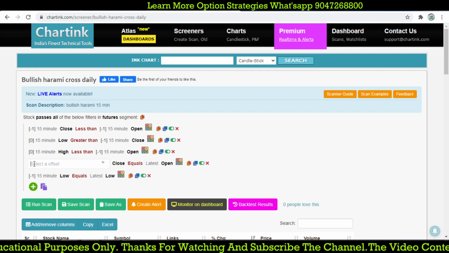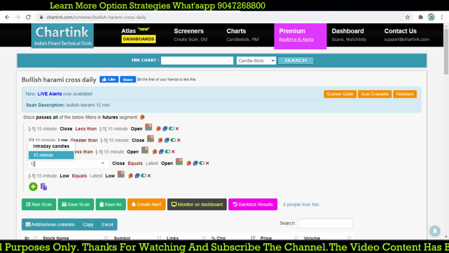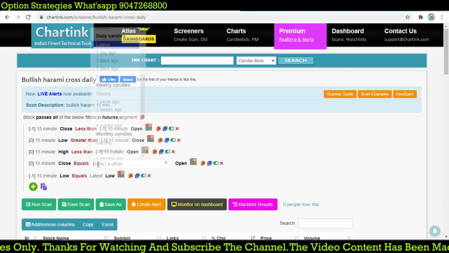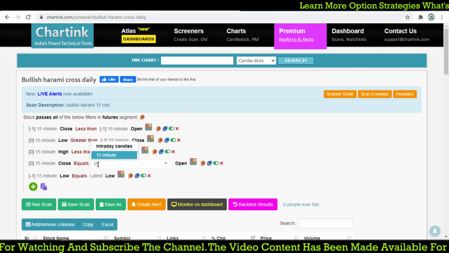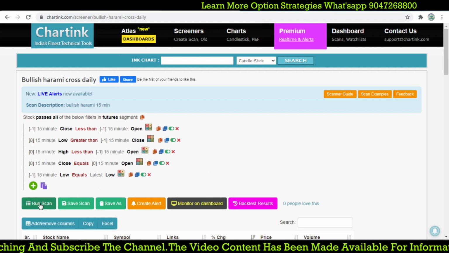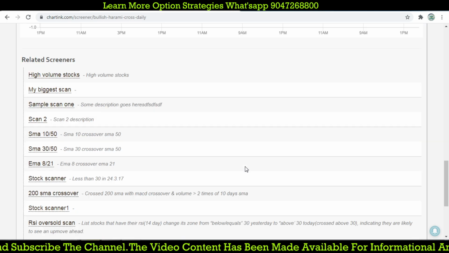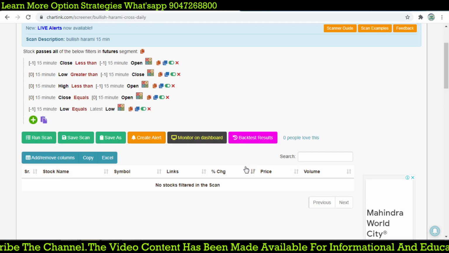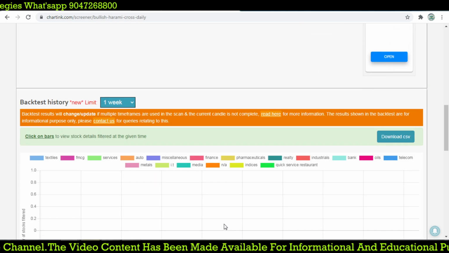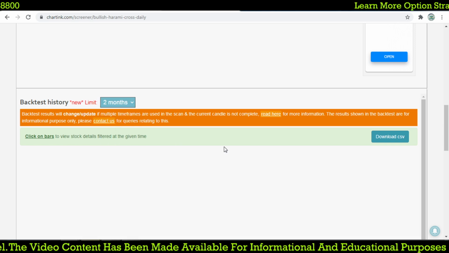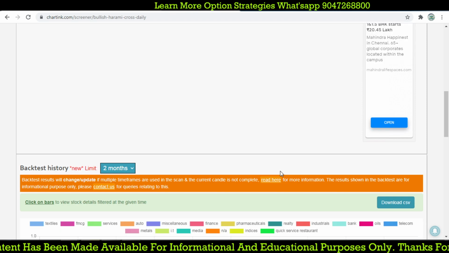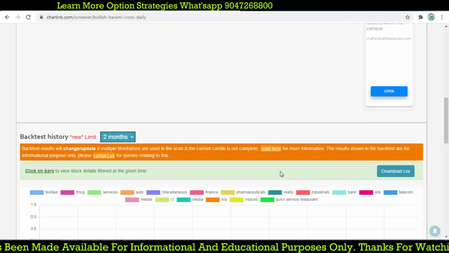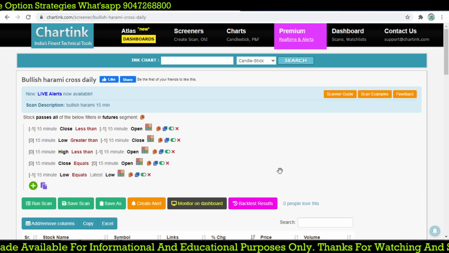This is latest 15 minutes close equal to 15 minutes open. The scan didn't find any Harami cross recently in 1 week, 2 months. Let's check whether the system is working or not. I think there is some issue, we'll check it out later.